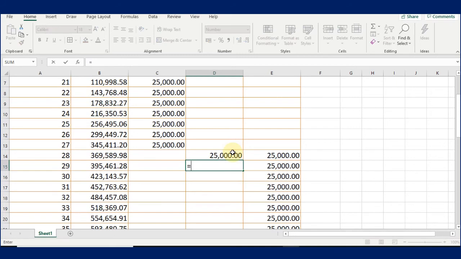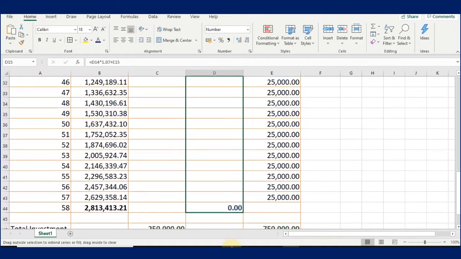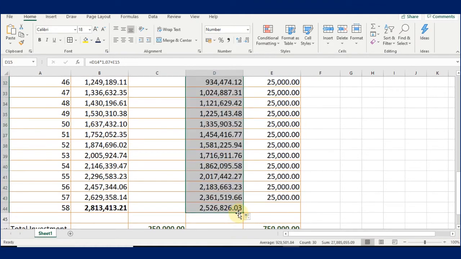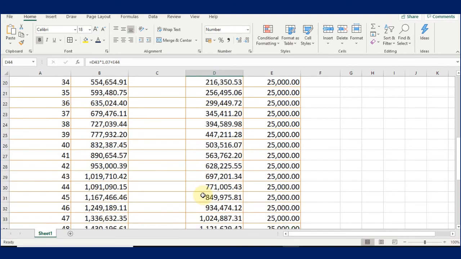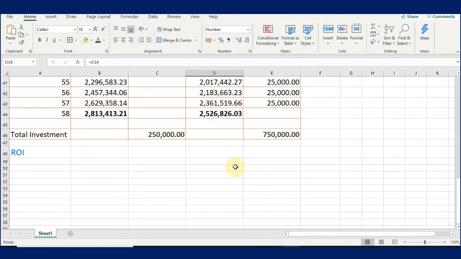Let's also do that for Bob. Then this one is previous times 1.07, assuming that the interest rate is 7%, then plus additional investment. Okay? And then go down. How much is it? So as you can see, okay, so what happened here?